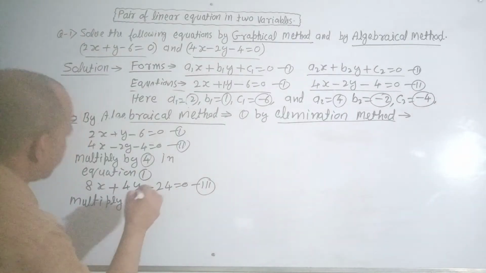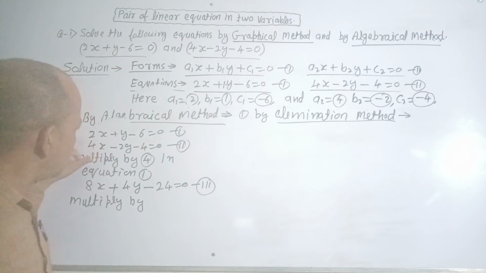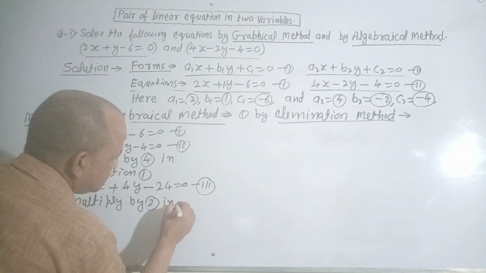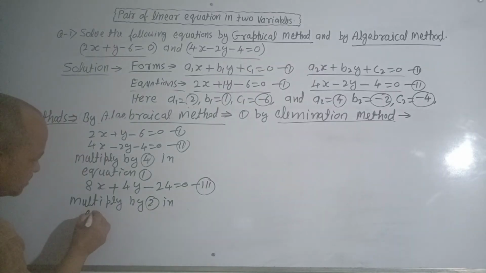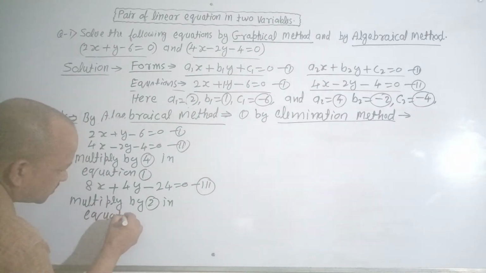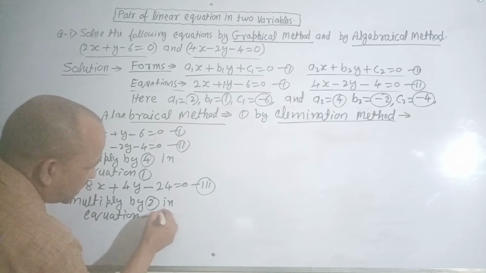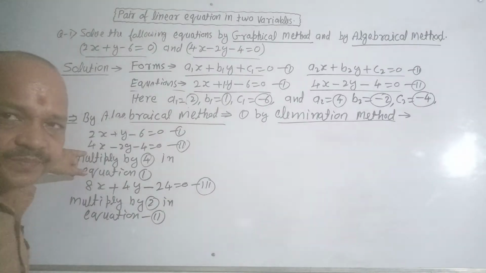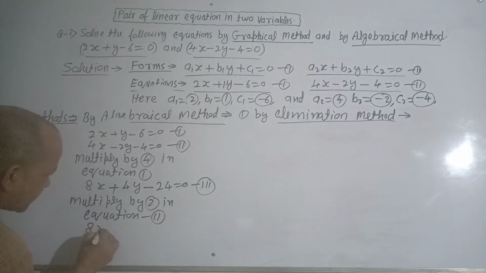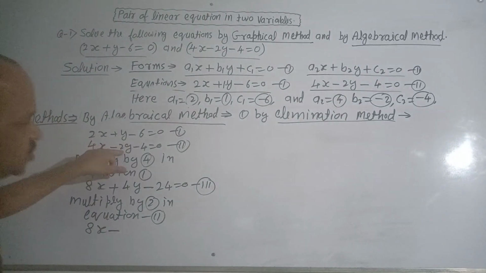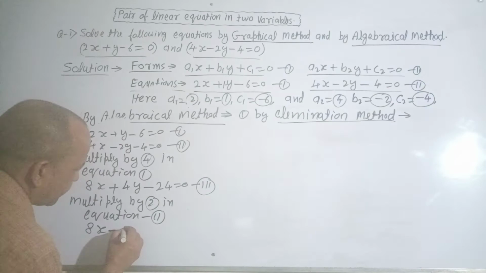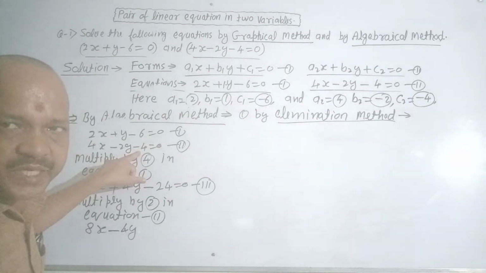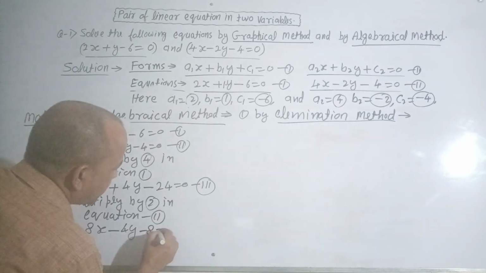Multiply by 2 in equation second. 2 times 4x is 8x, 2 times 2y is 4y, minus 4y, 2 times 4 is 8, minus 8 equal to 0.